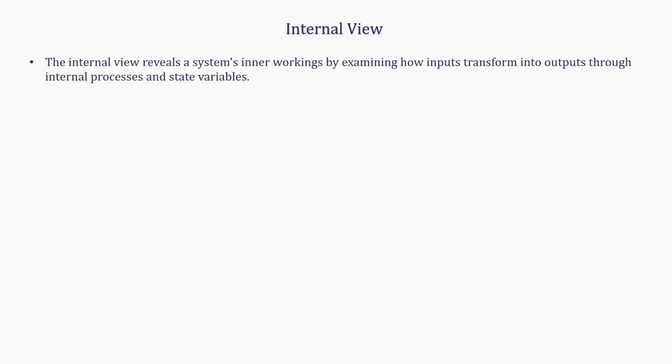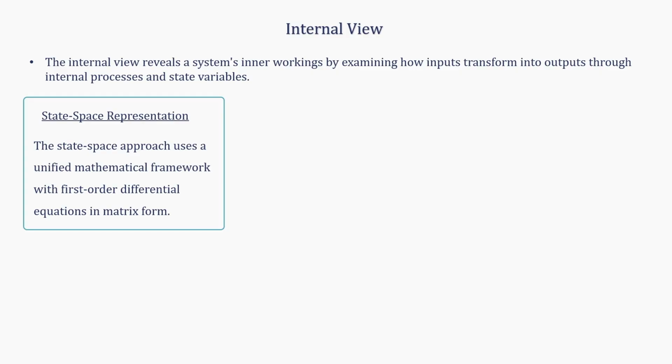Next, we move to the internal view approach. The internal view reveals a system's inner workings. Basically, we not only look at the input and the output variables of the system, we also consider certain internal variables of the system called state variables. Like in the external approach we had transfer functions, in this approach we will have something called state space representation.